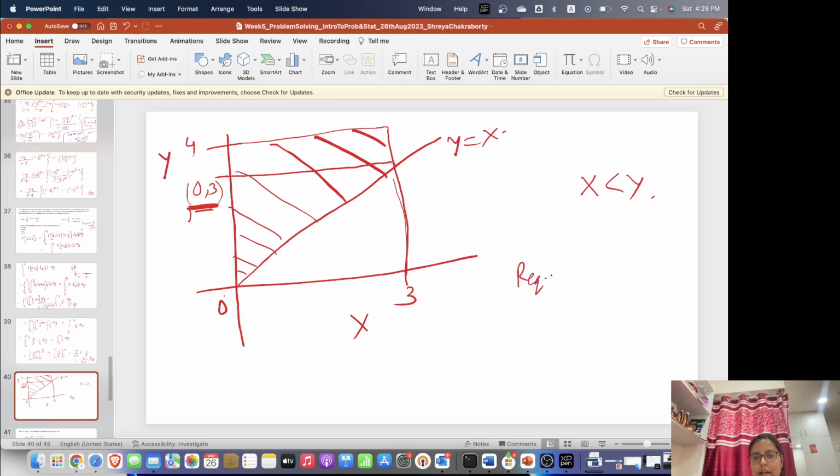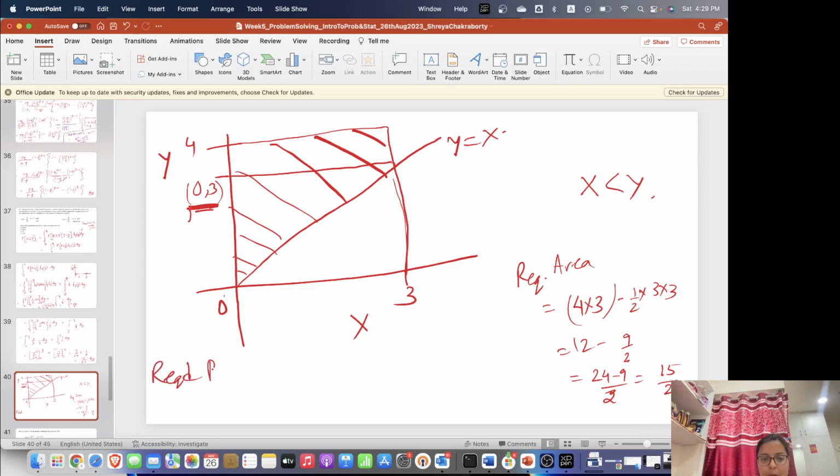So required area is how much? This is 4 into 3 minus half into 3 into 3. 12 minus 9 by 2, which is 24 minus 9 by 2, which is 15 by 2, that is 7.5. So the required probability is 15 by 2 divided by the total area, that is 12.